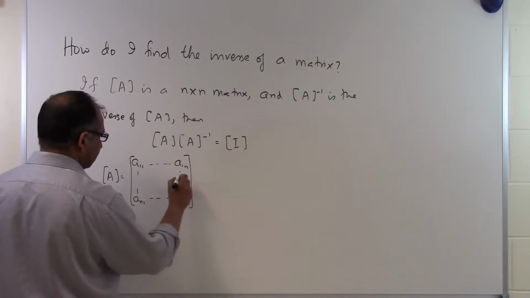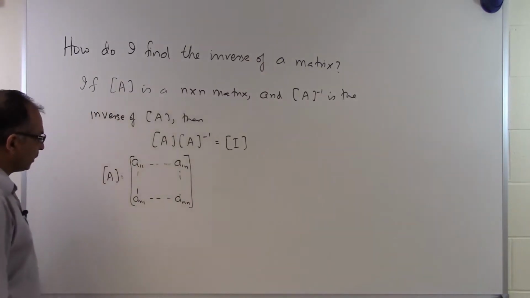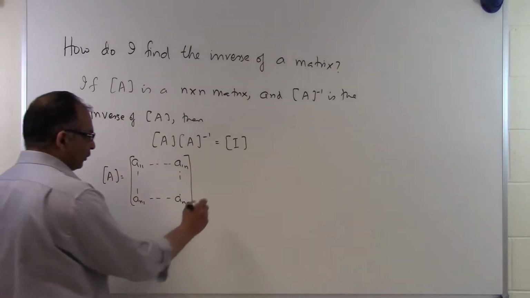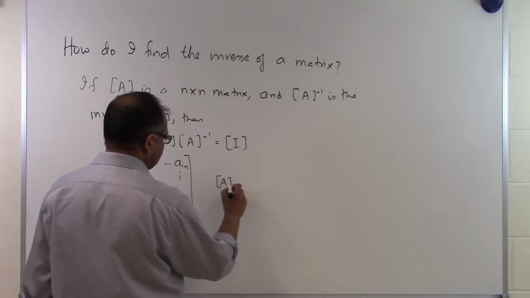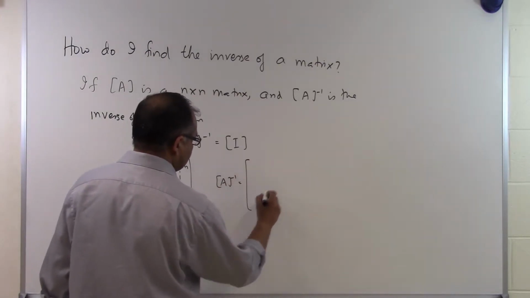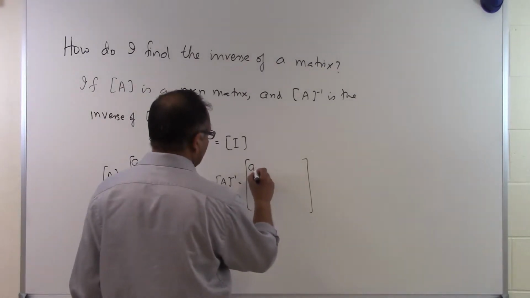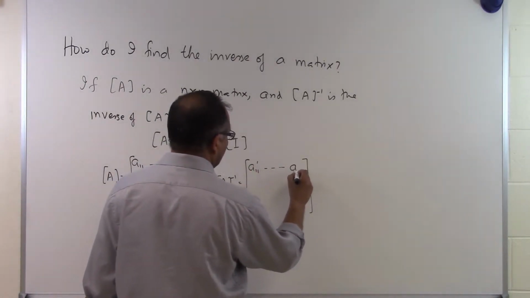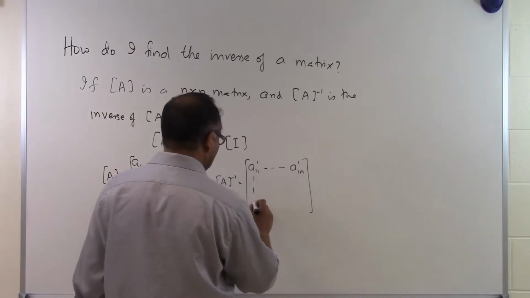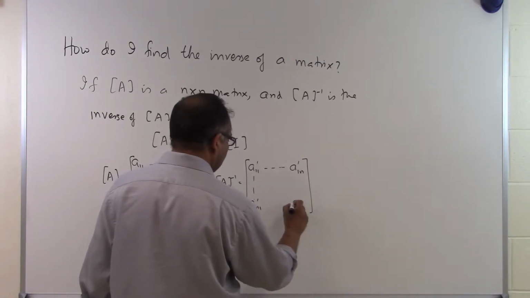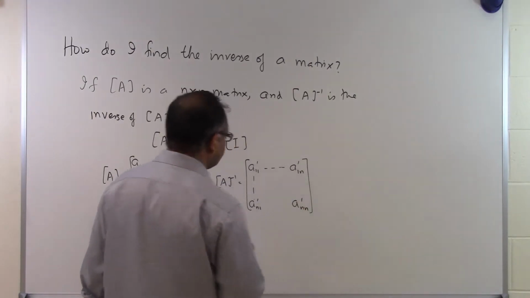So we have these n squared elements in the A matrix. And then if we have the A inverse matrix, and that also has n squared elements, let's call it A11 prime all the way up to A1n prime, then an1 prime and ann prime.